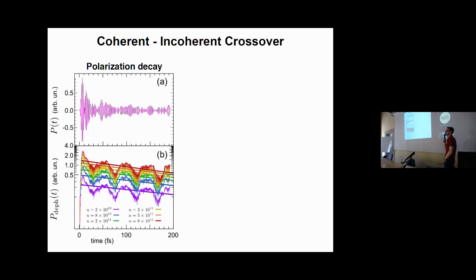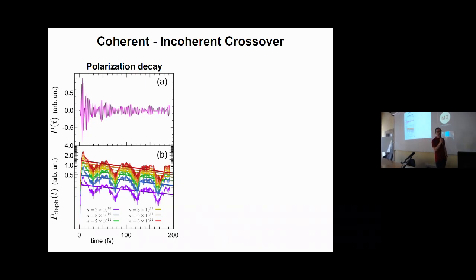First of all, let me show what I promised at the beginning of the talk: how we can describe the transition from the coherent to the incoherent regime. You see here the polarization as a function of time. You see that it decays to zero, as it must, because of electron-phonon scattering.